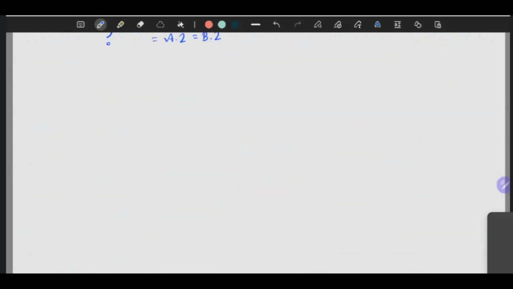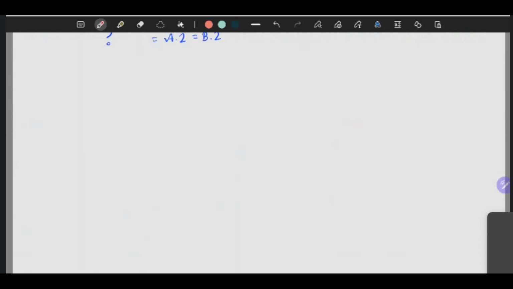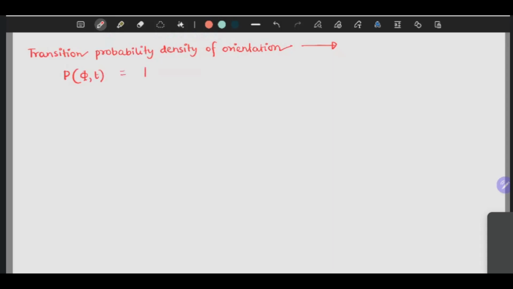Okay, so now the transition probability density of orientation is P of phi, t, written as P of phi, t starting from phi naught at t naught.